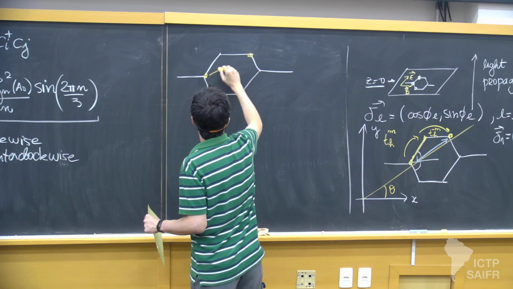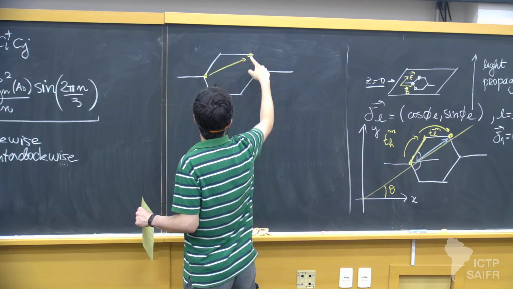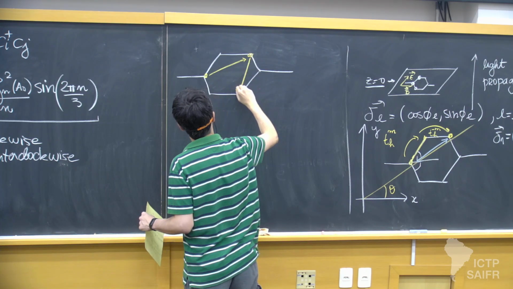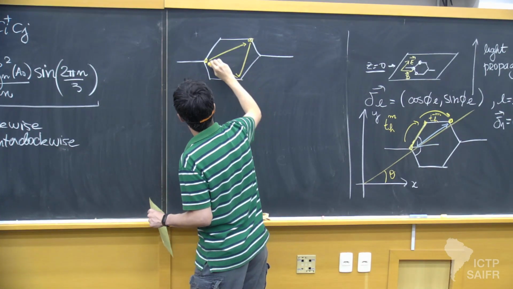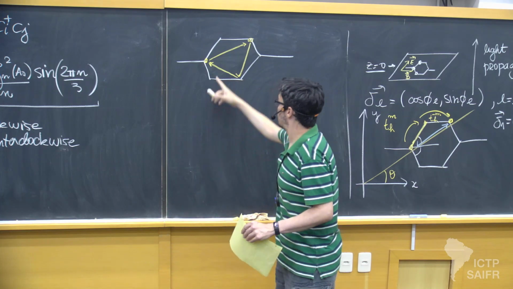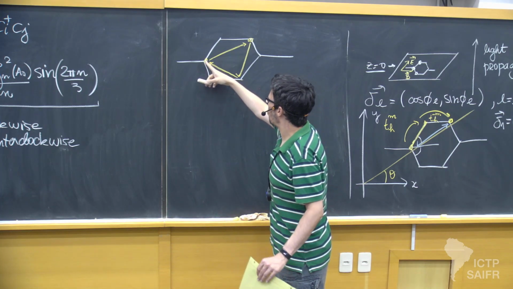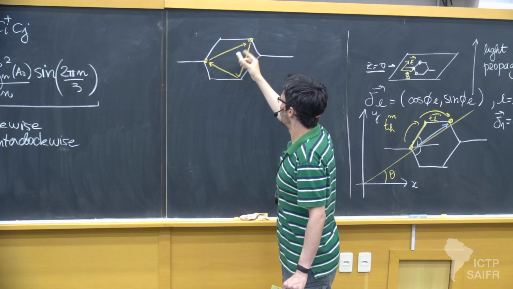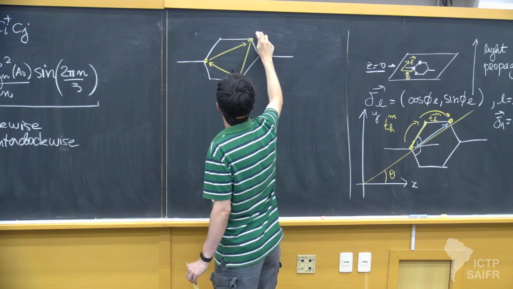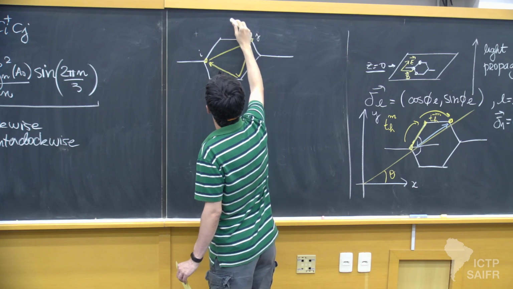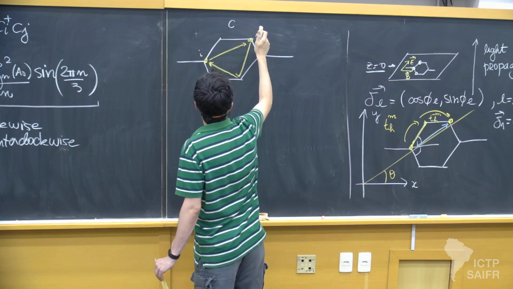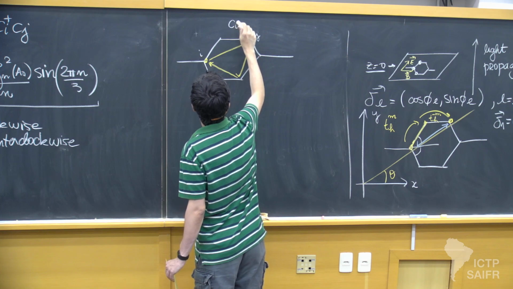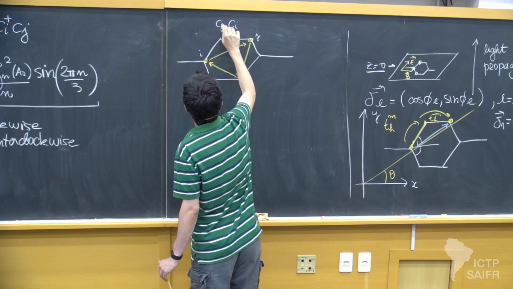So the electron will try to come from here to here, and then it will jump from here to here, and then it will jump from here to here. This process in which I destroy an electron here and create an electron here is surely, if I call this J and if I call this I, a process of the form Ci Cj dagger.